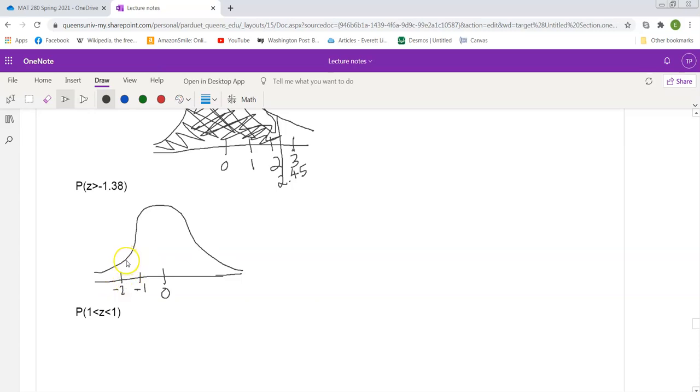So negative 1.38 might be right about there. And I'm looking for the area this time to the right. So that's this whole area here on up.